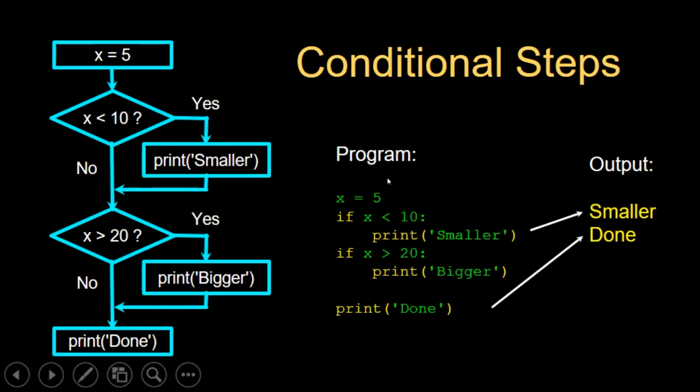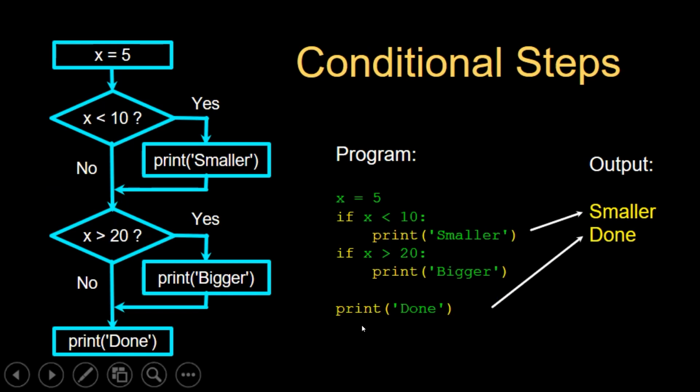So how will you create a flow chart for this one? So we have here a statement that is x is equals to 5. Then we have a condition command. If x is less than 10, then ano yung ika-command mo? Smaller siya. Yan. If x is greater than 20 naman, ito yung ika-command mo.